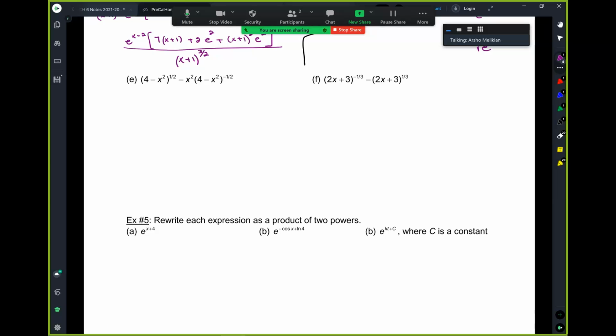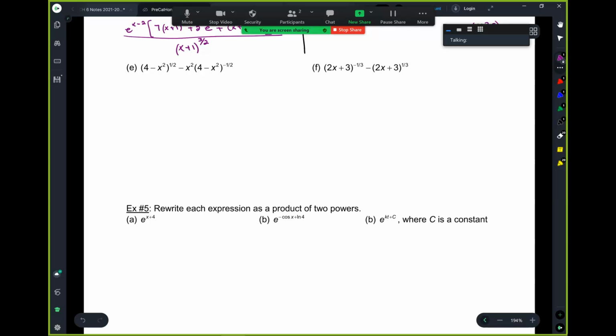Okay, so let's take a look at this one. What are we going to factor out? And that's what we're dividing by. First I have 4 minus x squared to the 1/2 minus negative 1/2, minus x squared, and that just goes away.